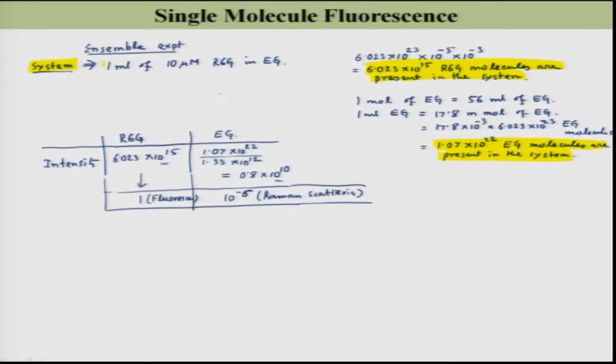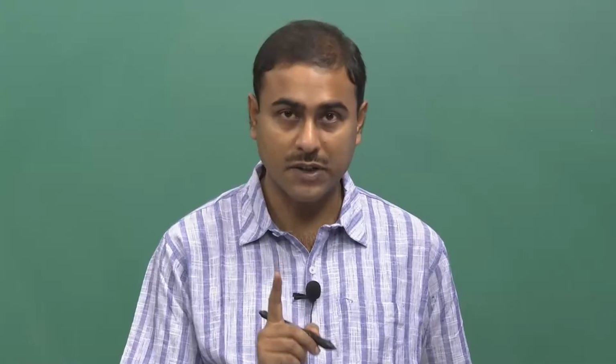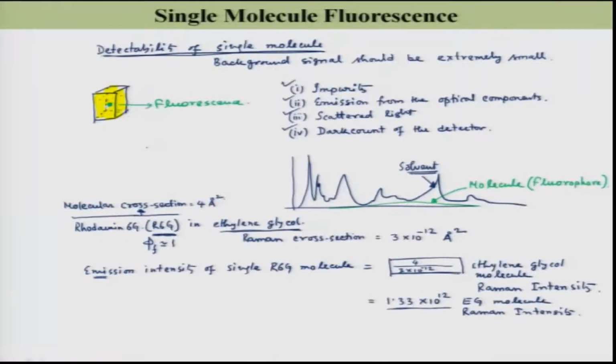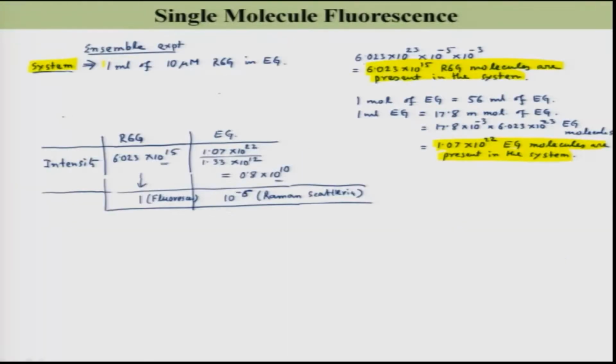Now, my interest is not this ensemble average picture. My interest is 1 rhodamine 6G molecule, that is what I was discussing here, right. 1 rhodamine 6G I have taken in 1 ml solution. So, next I will change my system to the single molecular level.